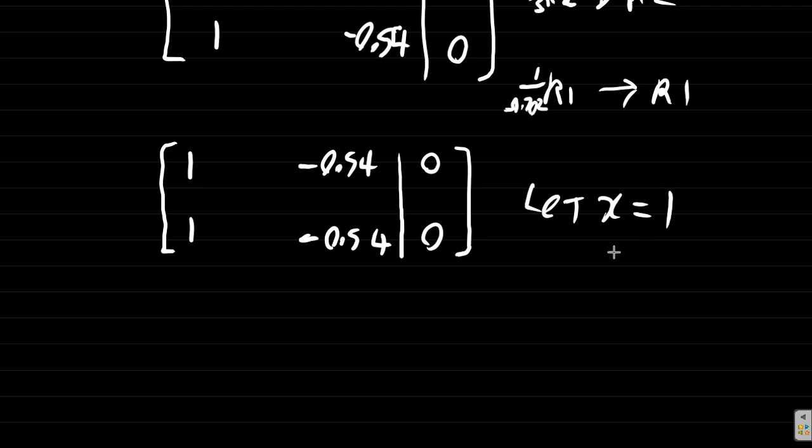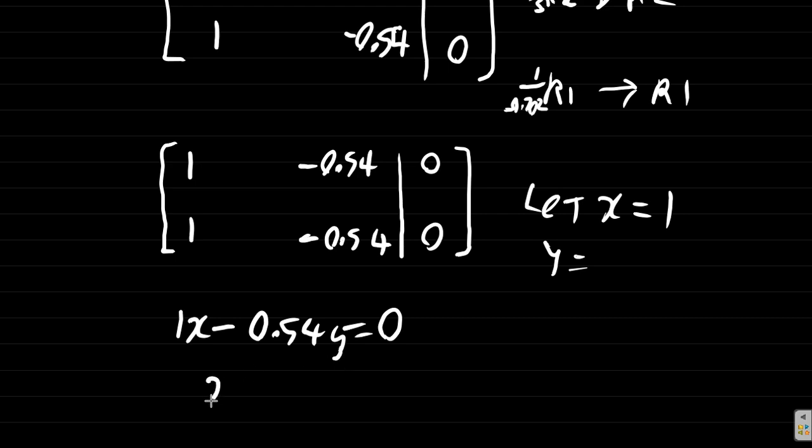Let x equal 1. Then y would be, let's rewrite this first: 1, minus 0.54. That's row 1. 1 minus 0.54y is equal to 0. Let's put in the x and y.